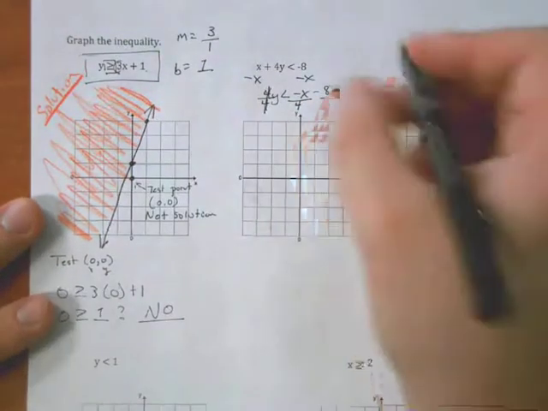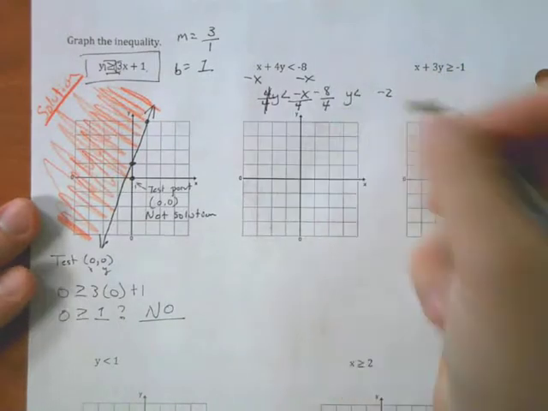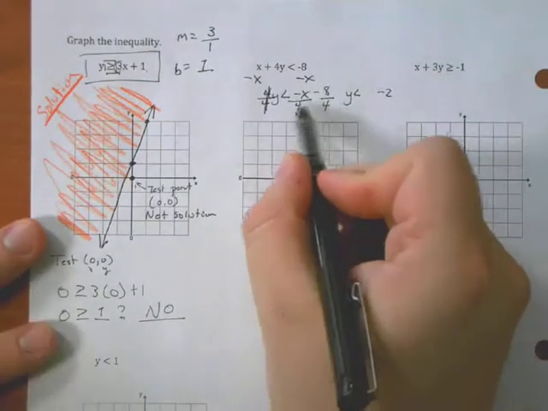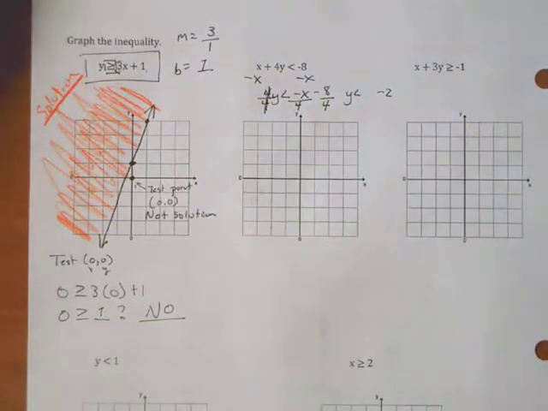8 over 4 is an easy one. That's 2. But the problem here is minus x over 4. We'd like to have that as a fraction times x. How are we going to write minus x over 4 as a number times x? We figure out what the slope is. 0.25? Okay, we don't want decimals. That doesn't help us with slope very much.